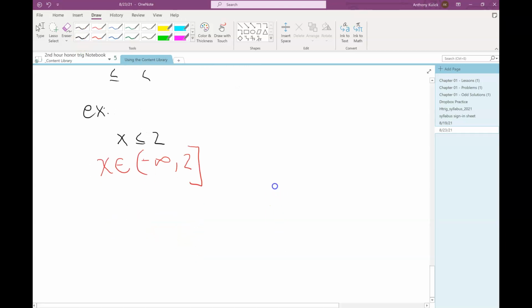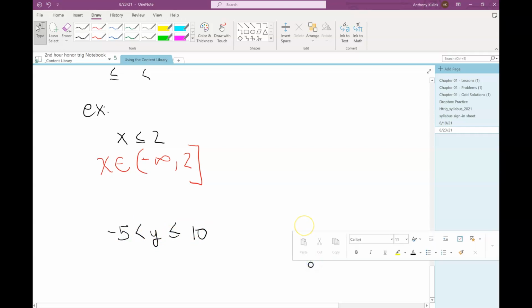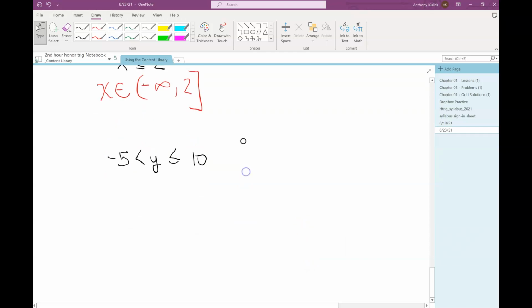So far, so good? What if we have -5 is less than y that's less than or equal to 10? The lower bound here is -5. Good. The upper bound is 10.